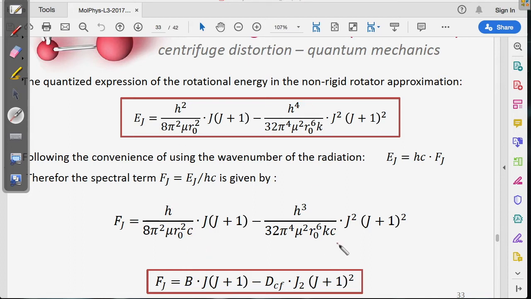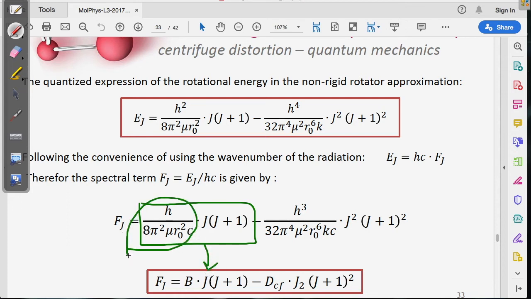Here h will go and c will appear. Now this part is visibly and clearly the previous FJ that we've seen before. It's BJ(J+1), and this is obviously our famous B, the spectral constant or the rotation constant.